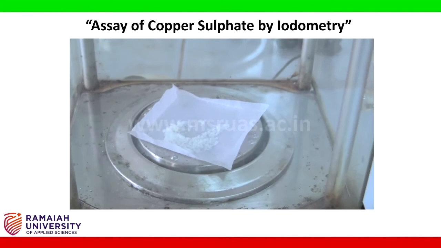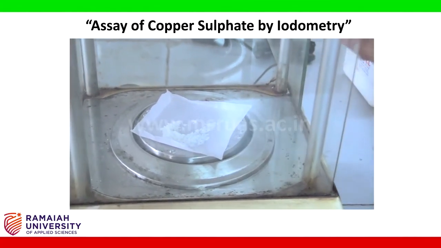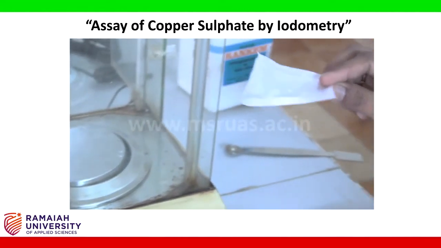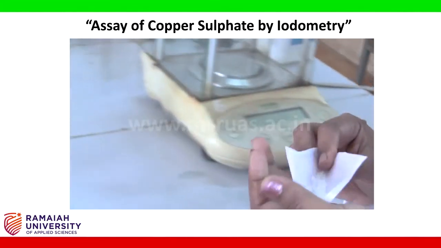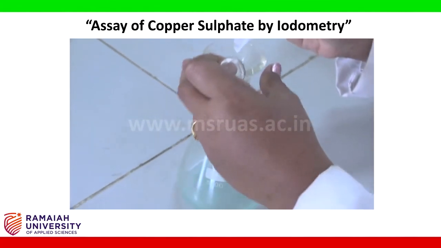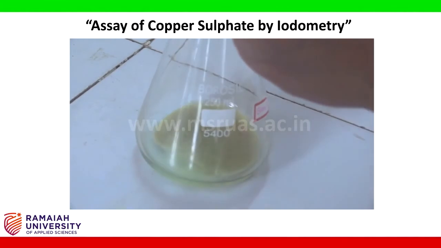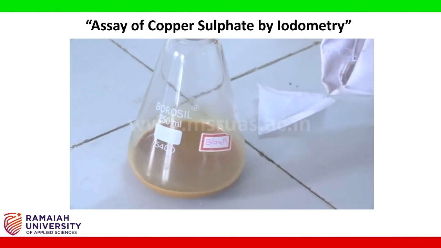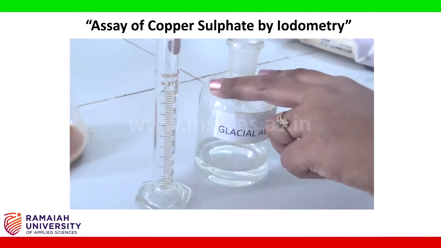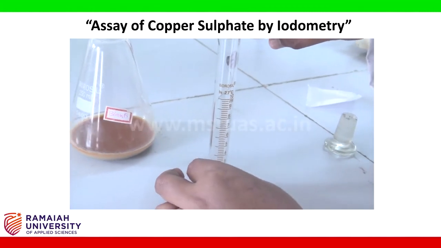Weighed 1 gram of potassium iodide is transferred into iodine flask. Stir the solution. Add 3 ml of glacial acetic acid into iodine flask using measuring cylinder.